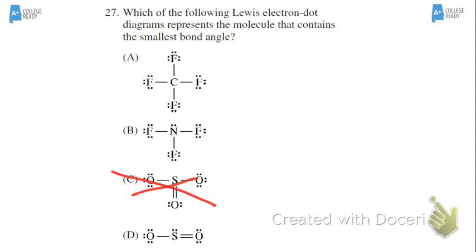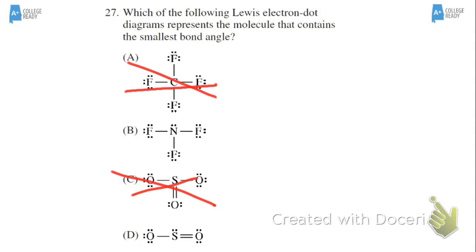We could eliminate A as well, because again, this is a tetrahedral. Tetrahedral geometries have a bond angle of about 109.5 degrees. So that leaves us with B and D.